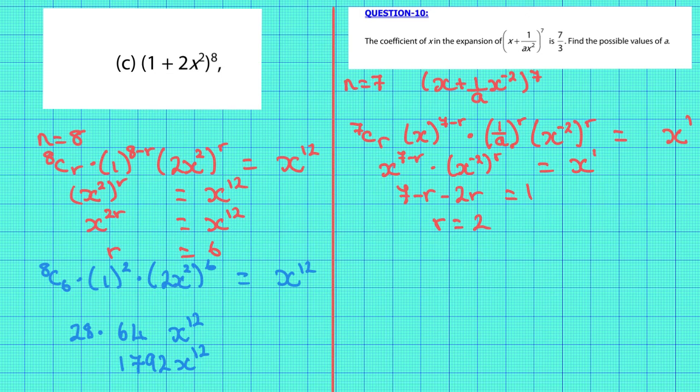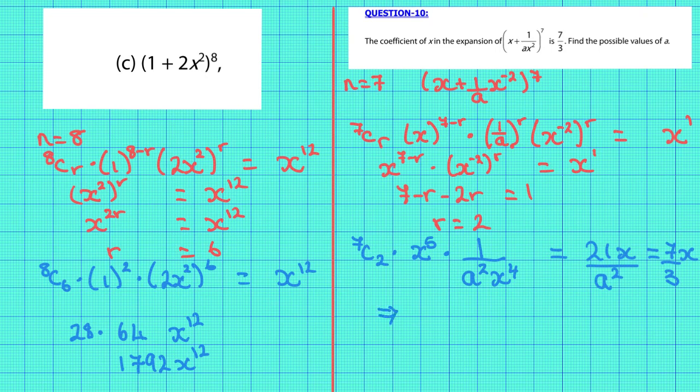Substituting back in gives 7 choose 2, x to the power of 5, 1 over a squared x to the power of 4, which is equal to 21x over a squared, and we know that must now equal 7 over 3x.